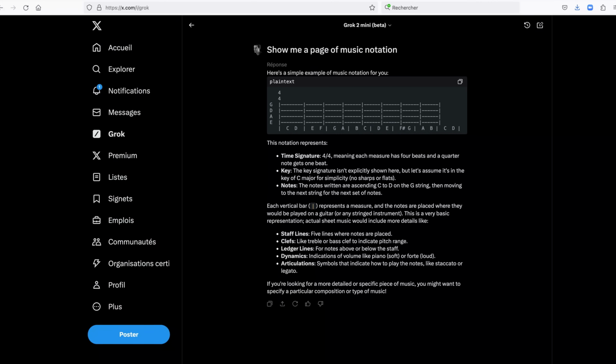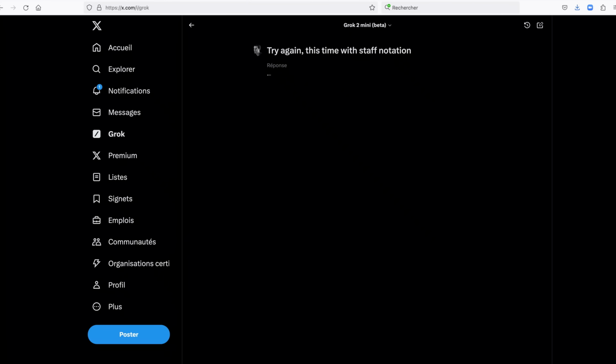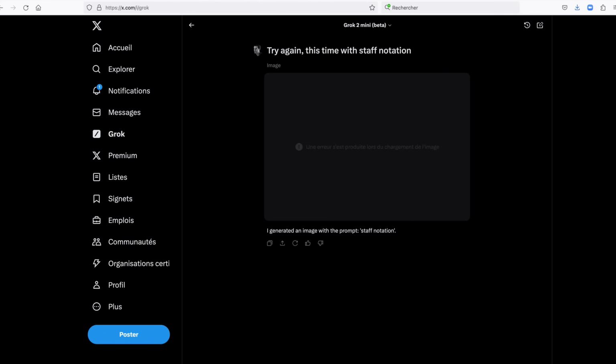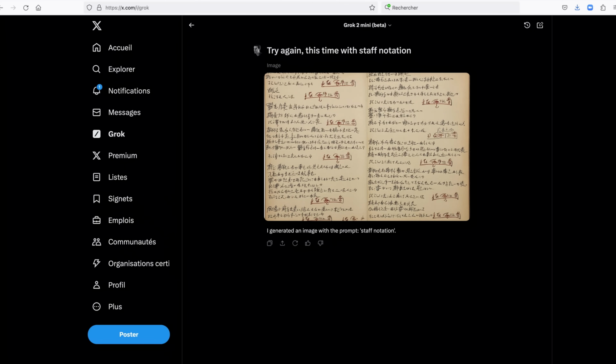I'm going to write try again, this time with staff notation. What the hell is this? Okay, so that's obviously not musical notation. Maybe I should be more precise in my prompt.